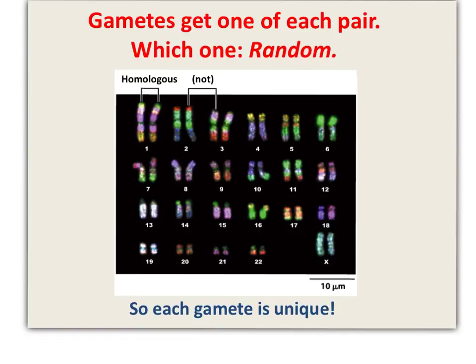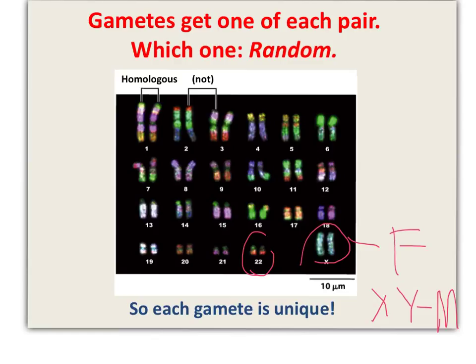So, if we remember, this is a karyotype for the human chromosomes. There are 22 somatic chromosomes, and then there's a sex chromosome. These are all diploid, so this individual is a female, and then an XY is male.